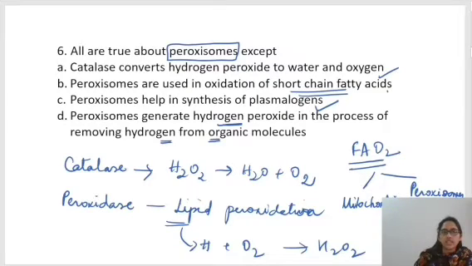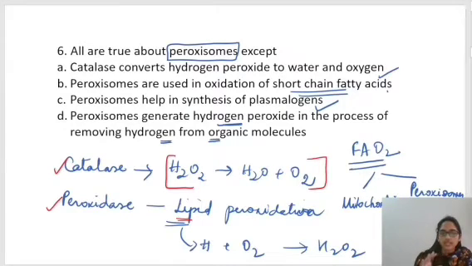So let's see, in peroxisomes, what are the two enzymes? The two enzymes are catalase and peroxidase. What does catalase do? Catalase converts hydrogen peroxide to water and oxygen. That is the function of catalase. Peroxidase is involved in lipid peroxidation. If any hydrogen has to be removed from organic molecules, it combines with oxygen to form hydrogen peroxide.